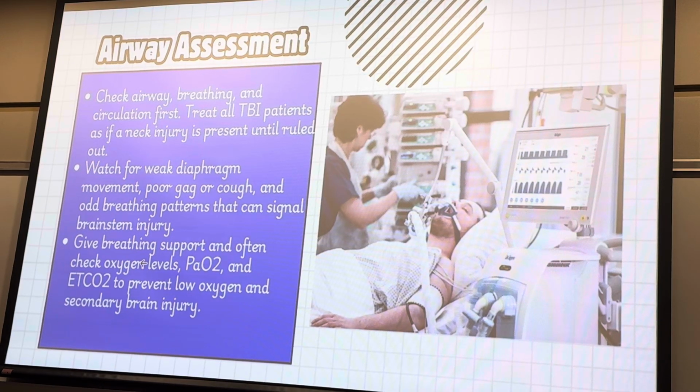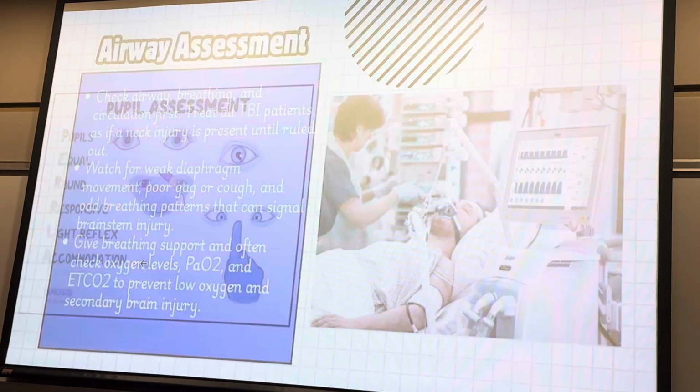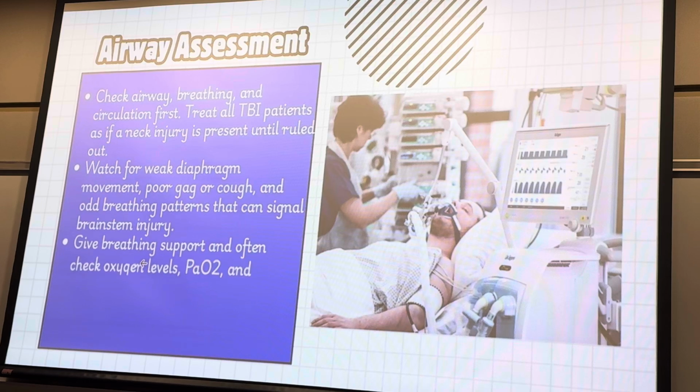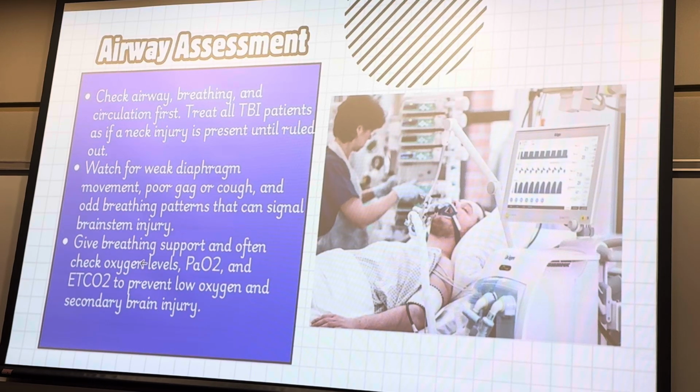Maintaining or retaining that CO2. Maintaining my oxygen levels. Maybe I need to get a blood gas. Make sure my pH is normal. Make sure my PO2 is normal. And if I have to, put them on some type of advanced airway system.